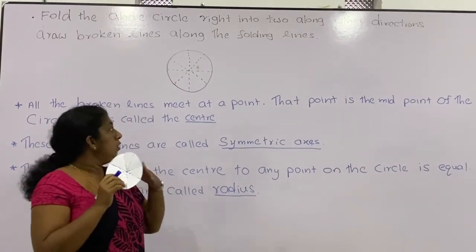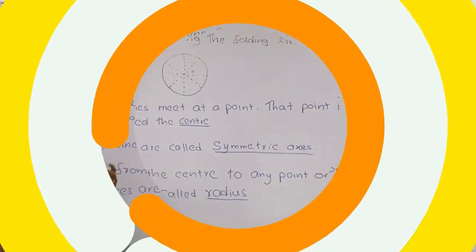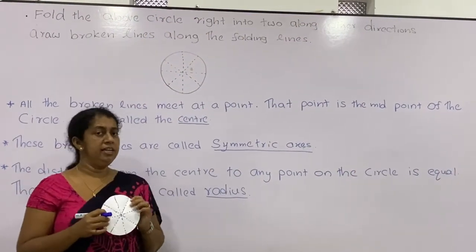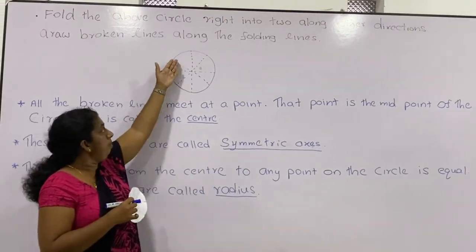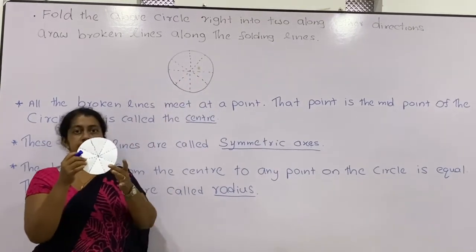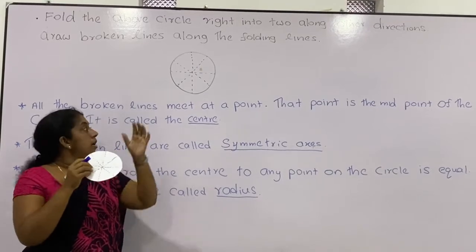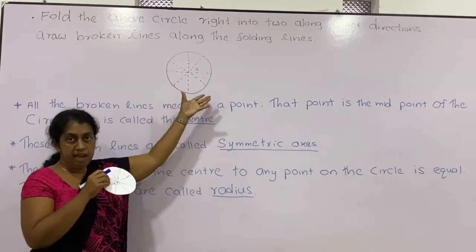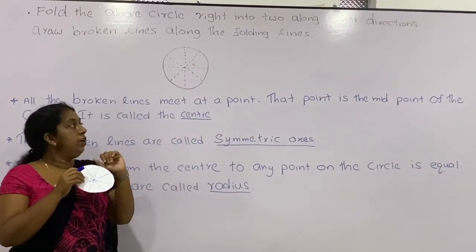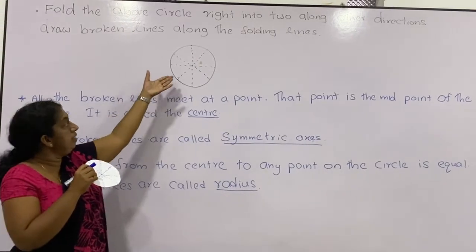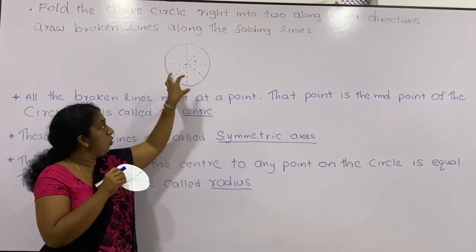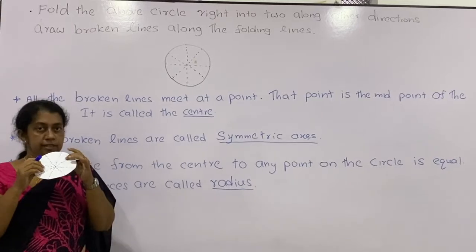Right? So finally we can draw so many broken lines like this. Okay? Now you will have a circle with a number of broken lines here.